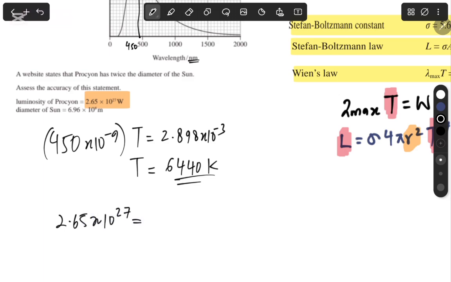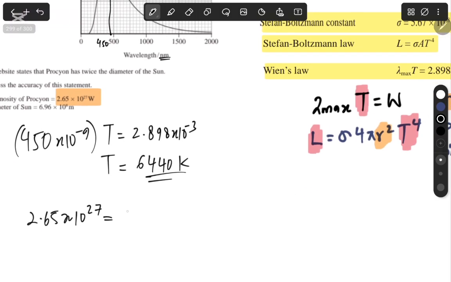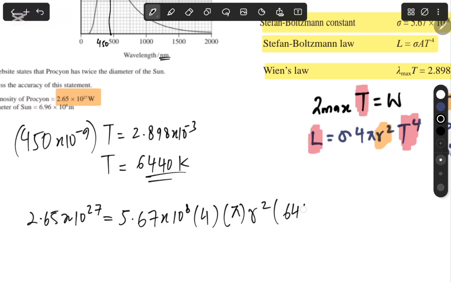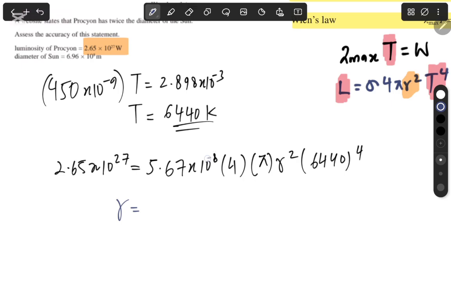That is going to be equal to the sigma, 5.67 times 10 to the power of minus 8, times 4 pi, times the radius squared, times 6440 to the power of 4. Now I'm going to find the value of r. I wrote it as 8 earlier, it's minus 8, my bad.